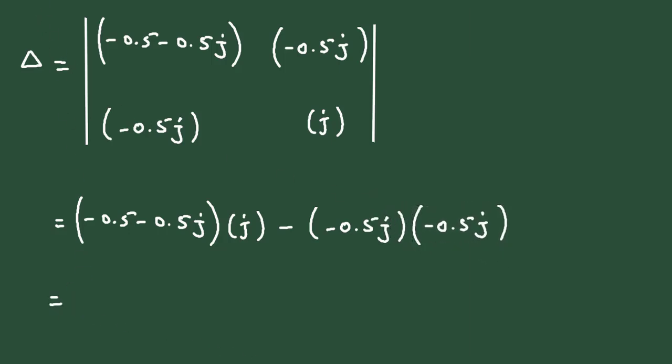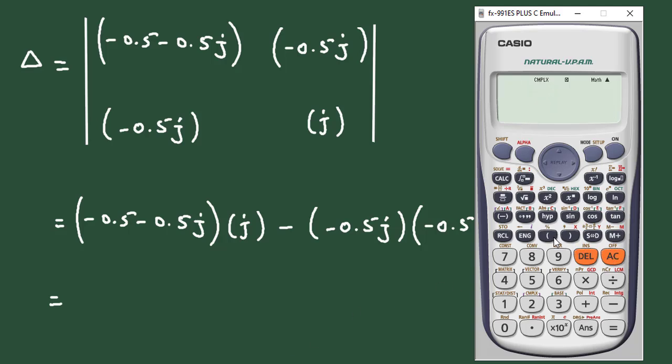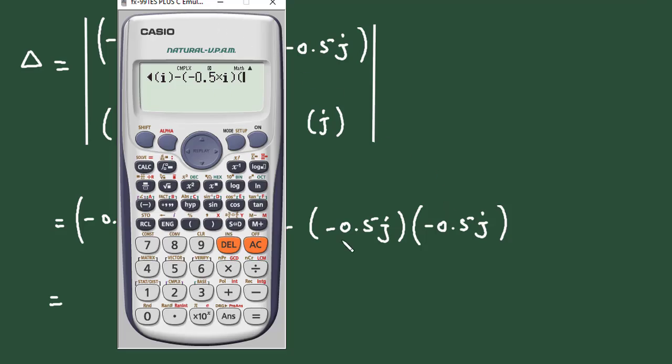Now let's solve this in calculator. It will be minus 0.5 minus 0.5 into j multiplied with j minus 0.5 into j, then in second bracket minus 0.5 into j.